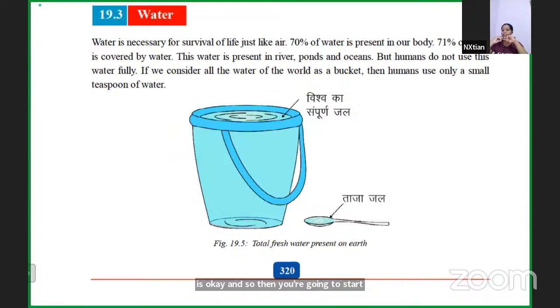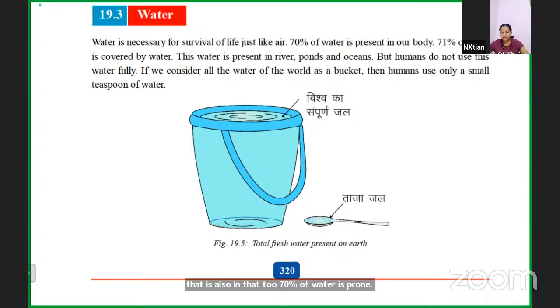Now water, as we know, is a very important natural resource, and Earth comprises mostly of water, right? Around 70% of it. Also, if we talk about our body, 70% of water is present.